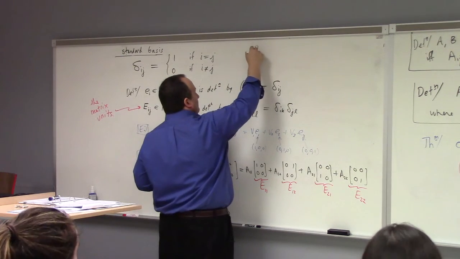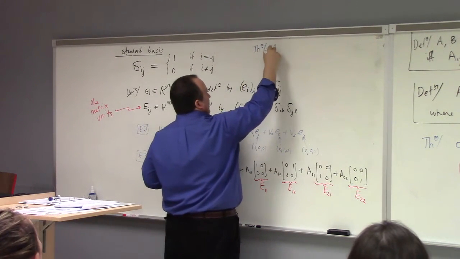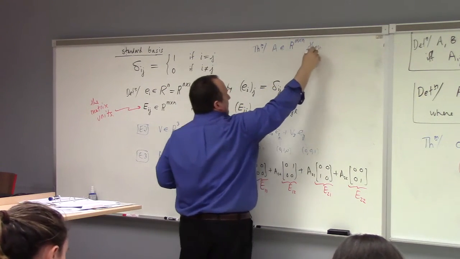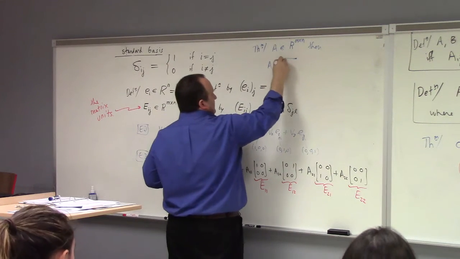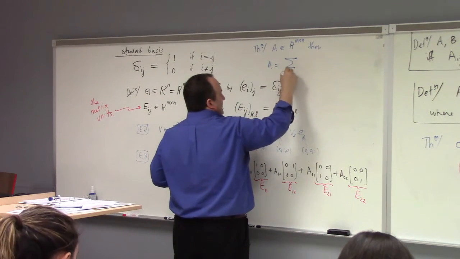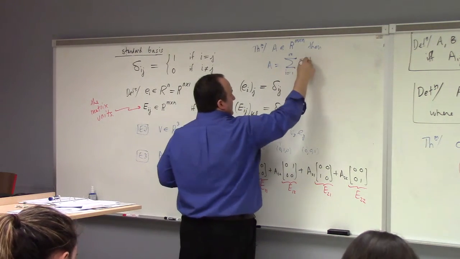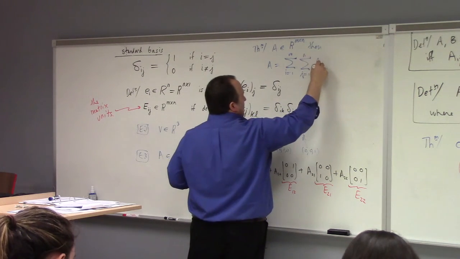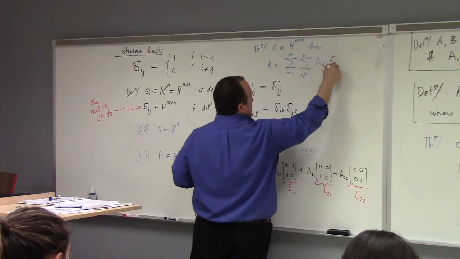Theorem: if A is in R^(m by n), then A is equal to the sum i equals 1 to m, sum j equals 1 to n of a_ij E_ij.